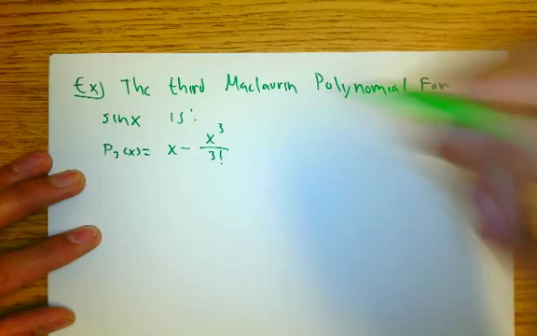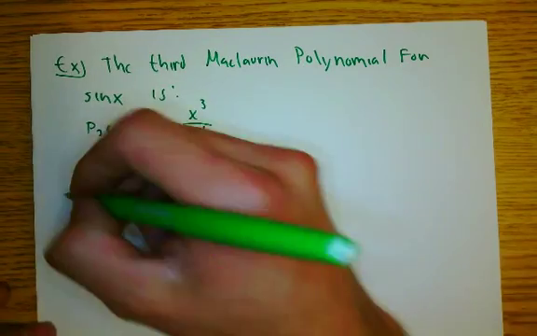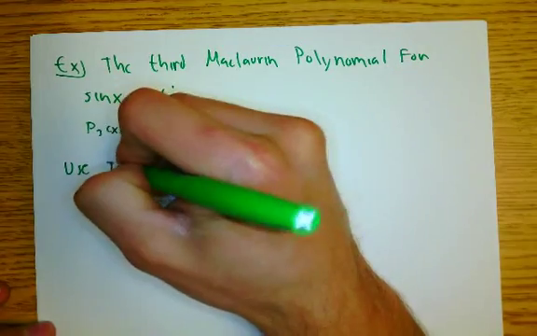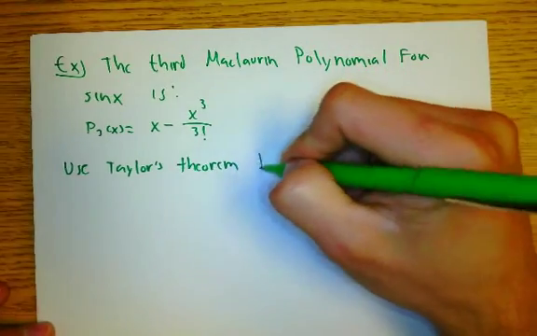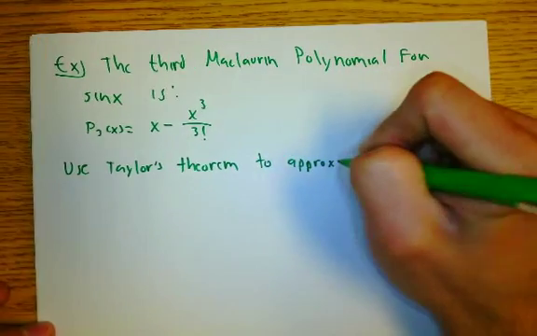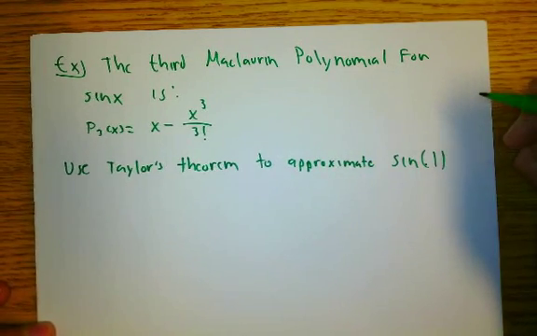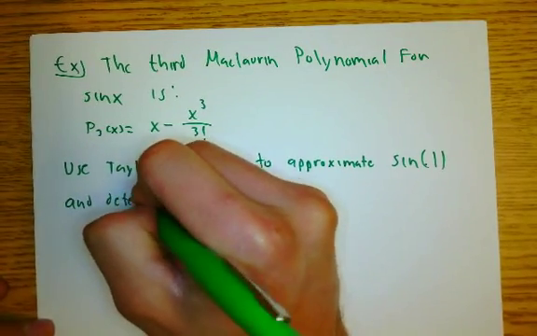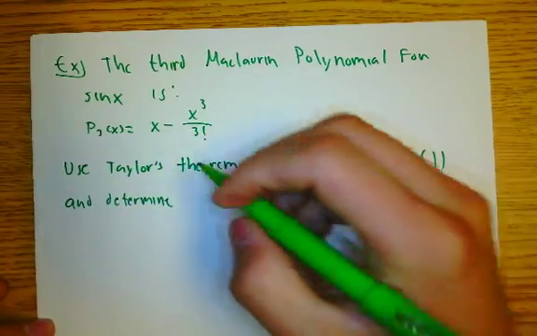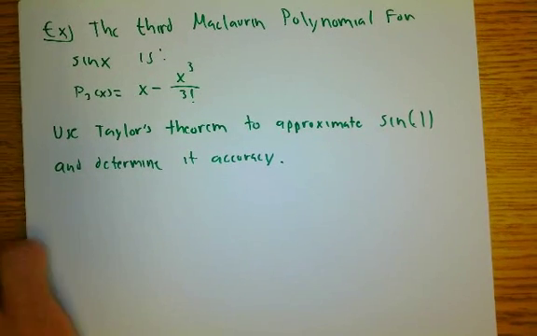You're going to use Taylor's theorem to approximate sine of point 1 and determine its accuracy. Cool? Alright. So it's given to you.